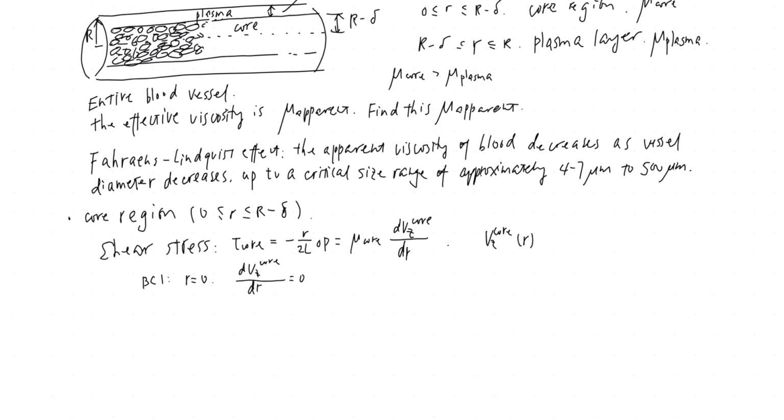If you recall the parabolic profile for the Newtonian Poiseuille fluid, the derivative is 0 at the center line. And boundary condition 2 is at R equals R minus delta, this is at the interface of the core and the plasma.